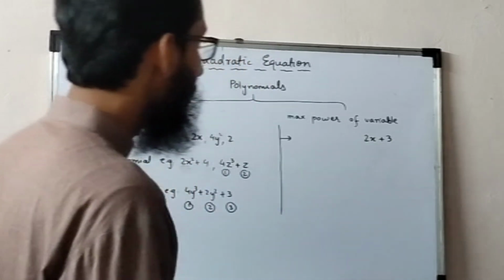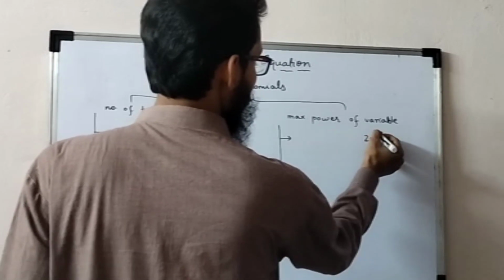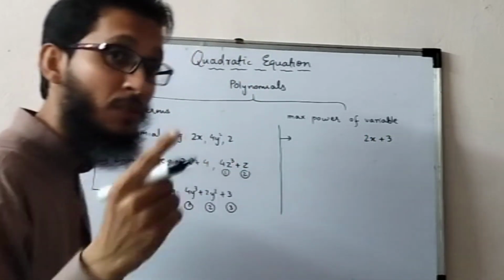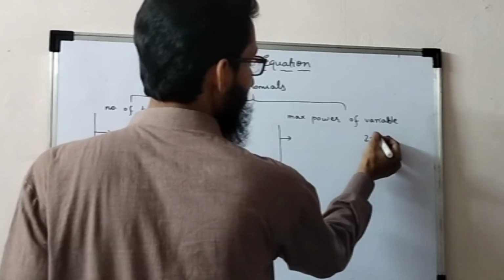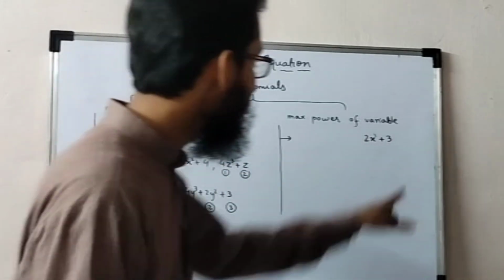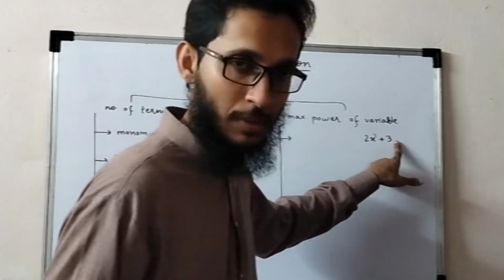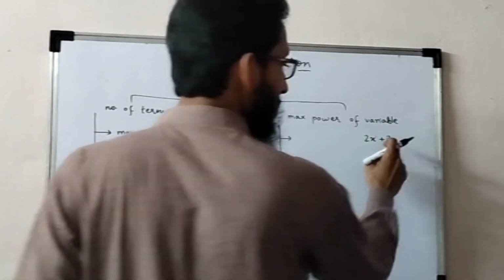Okay, then what is the power of this variable x? Normally, we don't write power 1. So, if there is no power written here, then it means it is 1. Power is 1. In this term, there is no variable. It means power of variable in this term is 0.